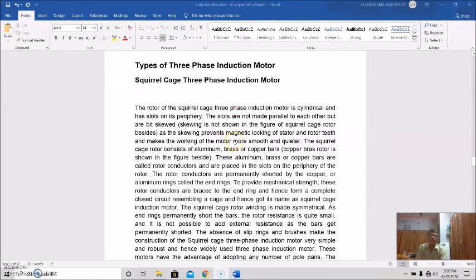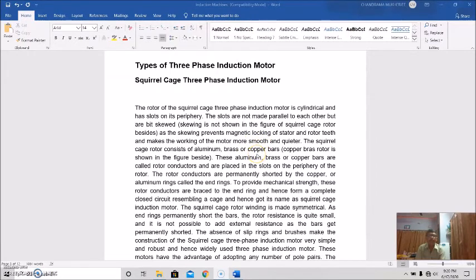The rotor of the squirrel cage induction motor is cylindrical and has slots on its periphery, and the slots are not made parallel to each other but a bit skewed, because skewing prevents magnetic locking of stator and rotor teeth and makes the working of the motor smoother and quieter.